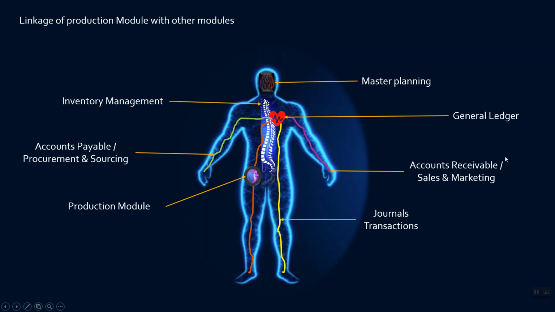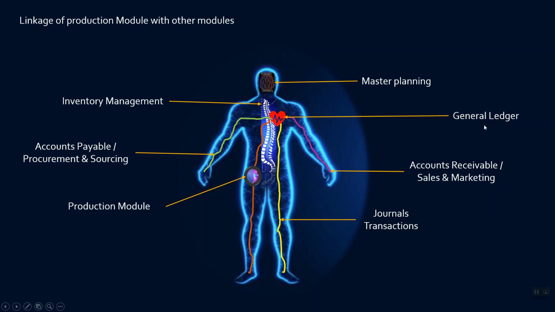These particular modules are tightly linked, and all the transactions go through the journal and ledger, which is the financial part. Without journal and ledger entry or voucher posting, you cannot identify whether you are making a profit or a loss.